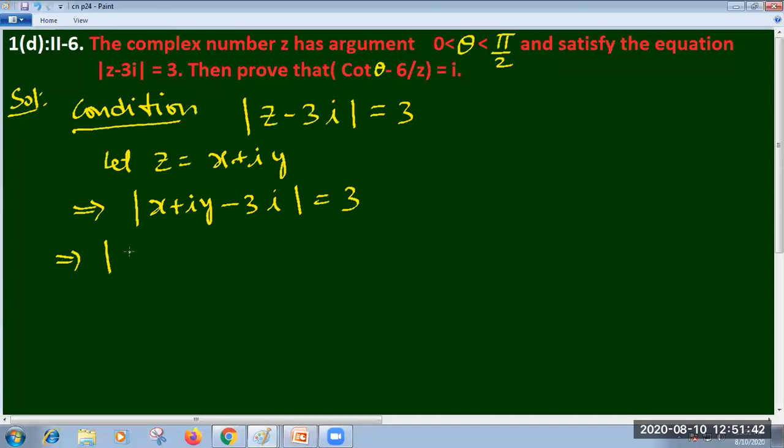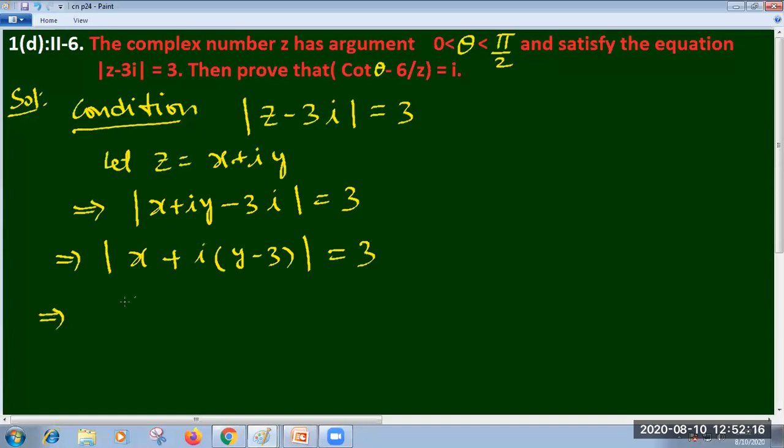x is real, and taking I common, y minus 3 I is there. Real part is only x, and taking I common, y minus 3 is equal to 3.